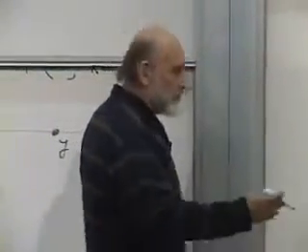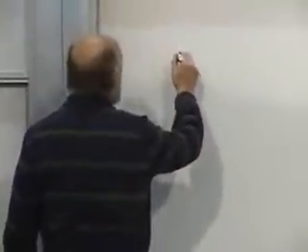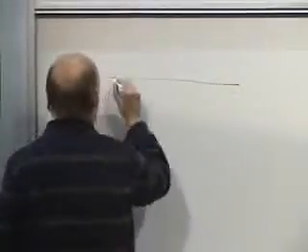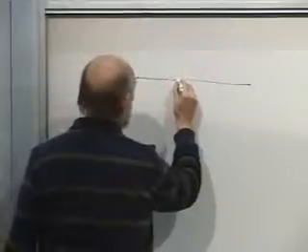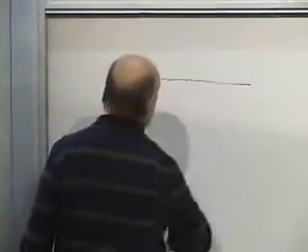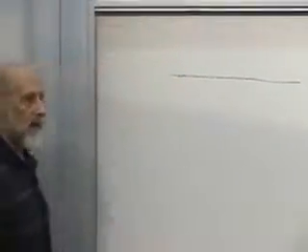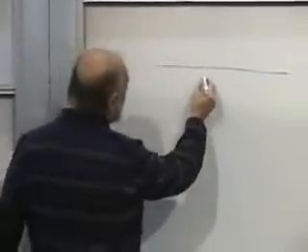Now, if you really want to do this right, and it would take us another 2 hours to do it right, what you really do is you replace the continuous line by a dense set of discrete points, separated by a tiny distance a.